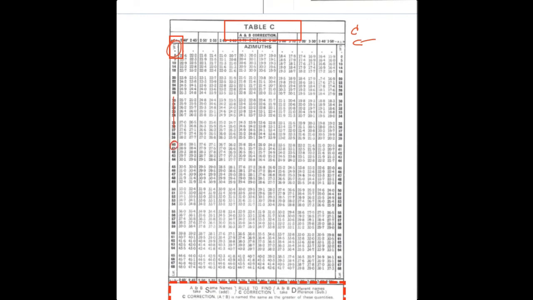So if you have a latitude of 40 degrees and a C value of 2.5, then let's say 27.6 is your quadrantal azimuth, 27 degrees 6, and it gets the sign of C, and the second sign is the sign of the polar angle. So C is north or south, polar angle is east or west.